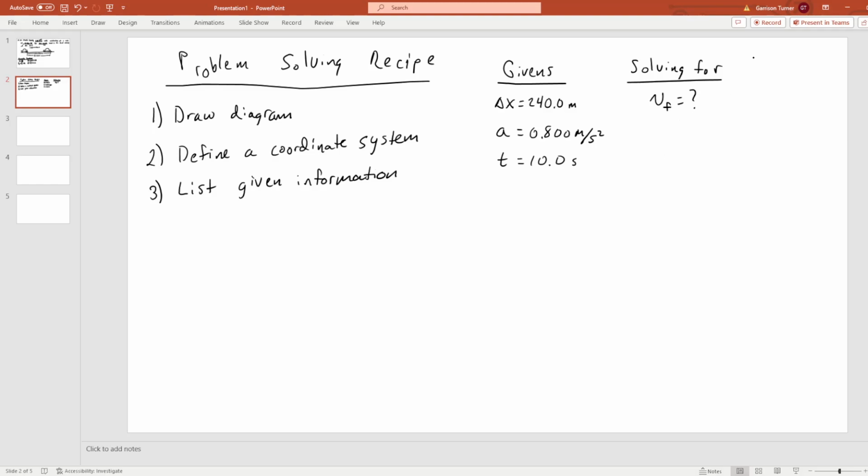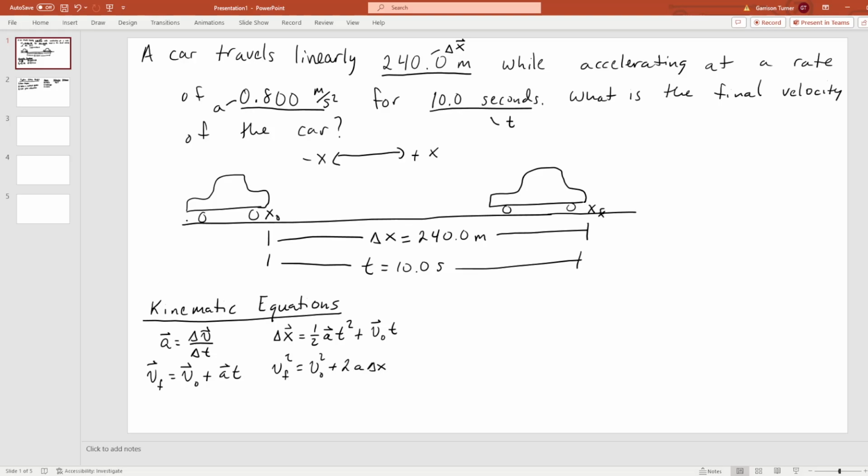And then you also can have other unknowns. And so here's where we actually need to look at our kinematic formulas.